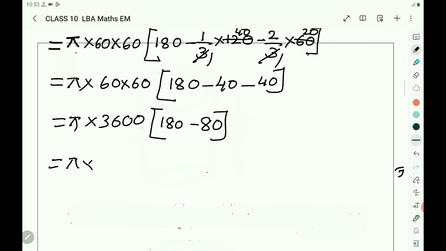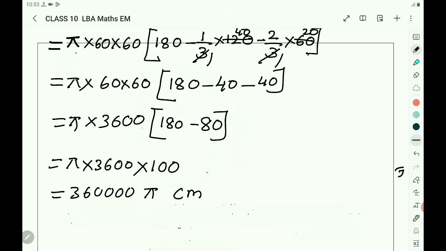Equals pi into 3600 into 180 minus 80 is 100. Then you can write 36 ones are 36. Write 36, 4 zeros are there, 1, 2, 3, 4, pi cm cube.